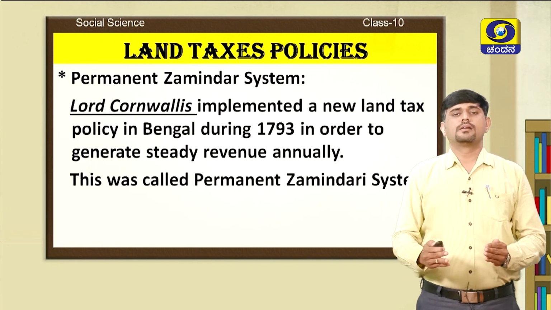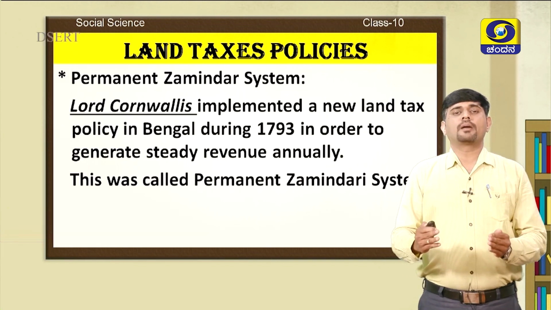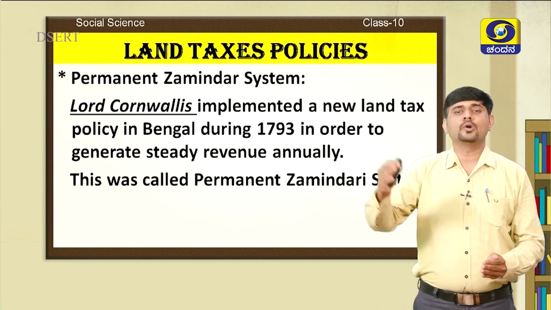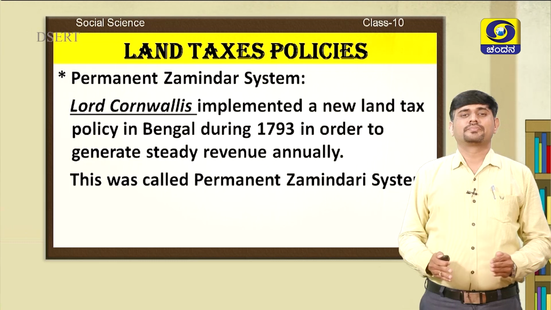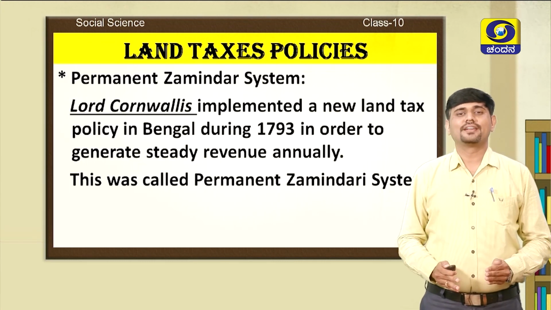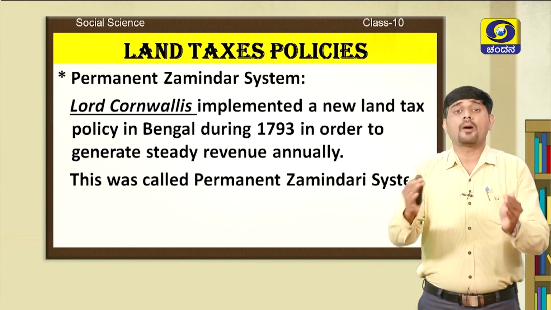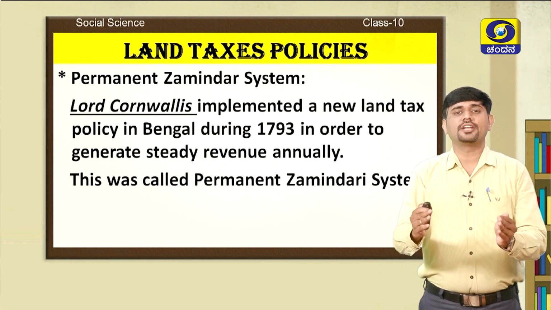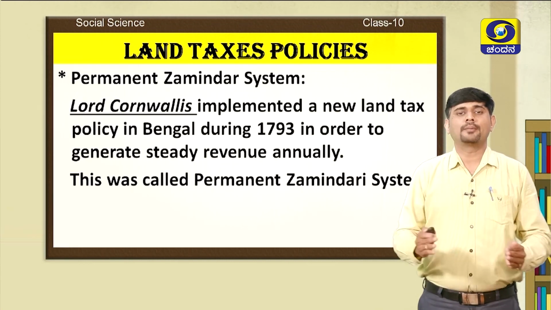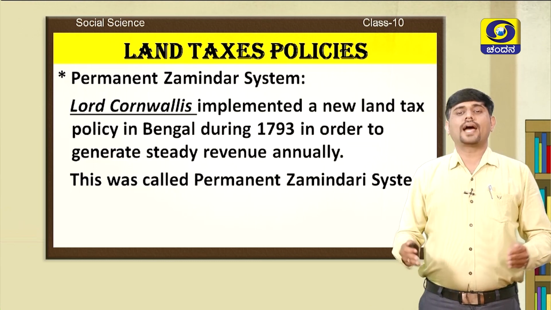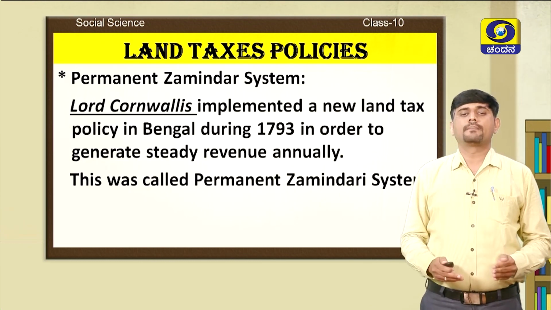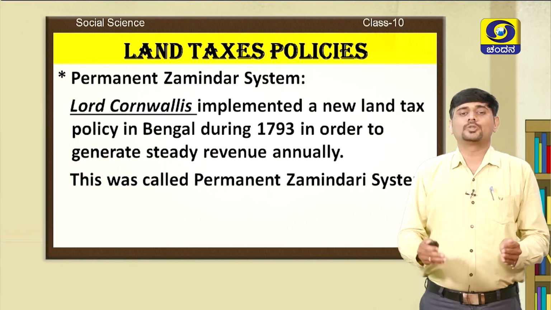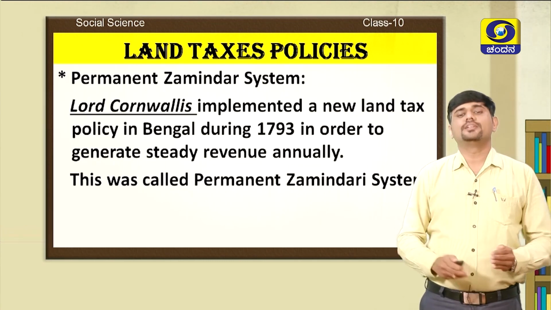By then, the British East India Company had established firm control over the Bengal province, and it had to pay 4 lakh pounds to the British government in England every year. With that, the Company in India tried to generate steady revenue annually.